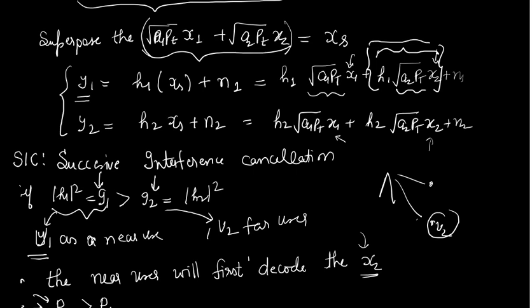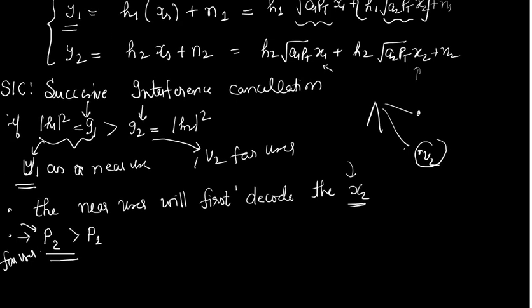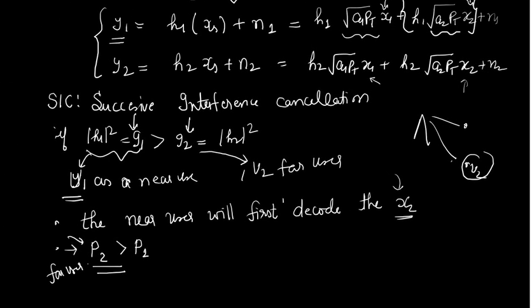So what will the near user do? It will first decode this signal of user 2 and then it will cancel it. It will first decode the value of x2 and then cancel the signal, so it will only be left with this signal.